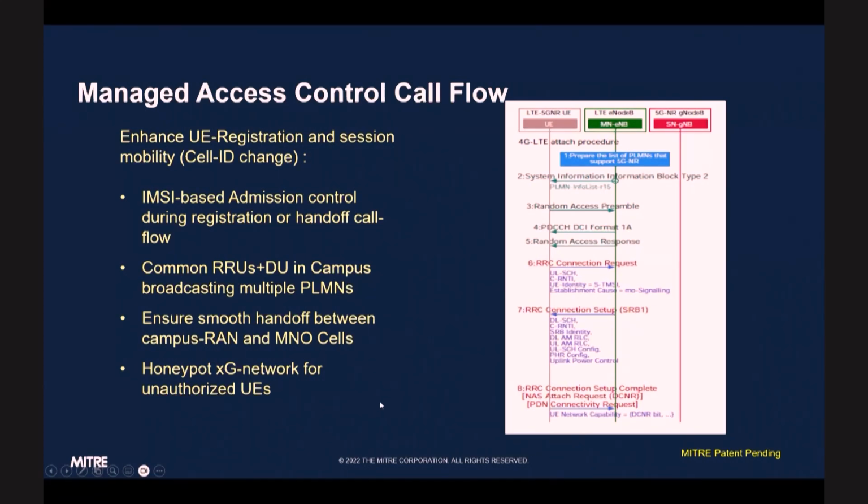So in 4G, for authentication, the IMSI is sent in clear, and you are able to do the IMSI-based authentication, and you are able to block the authentication for unwanted users in 4G.